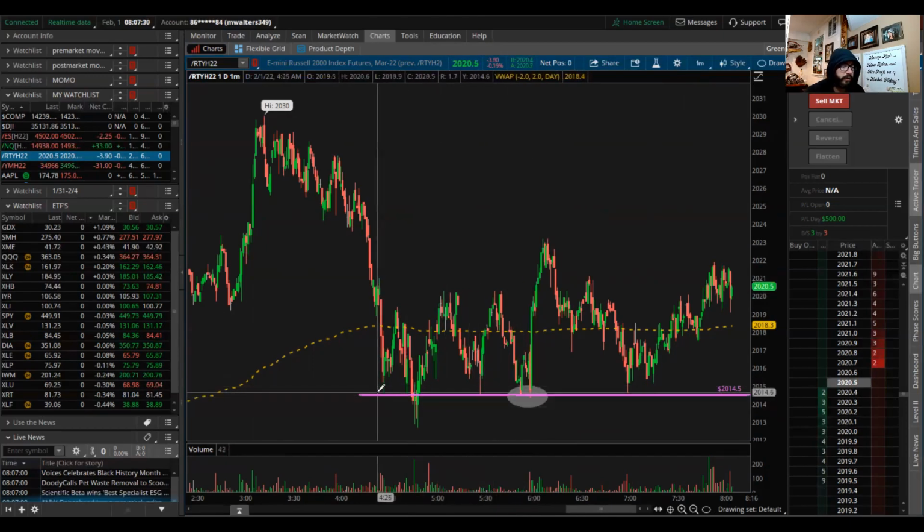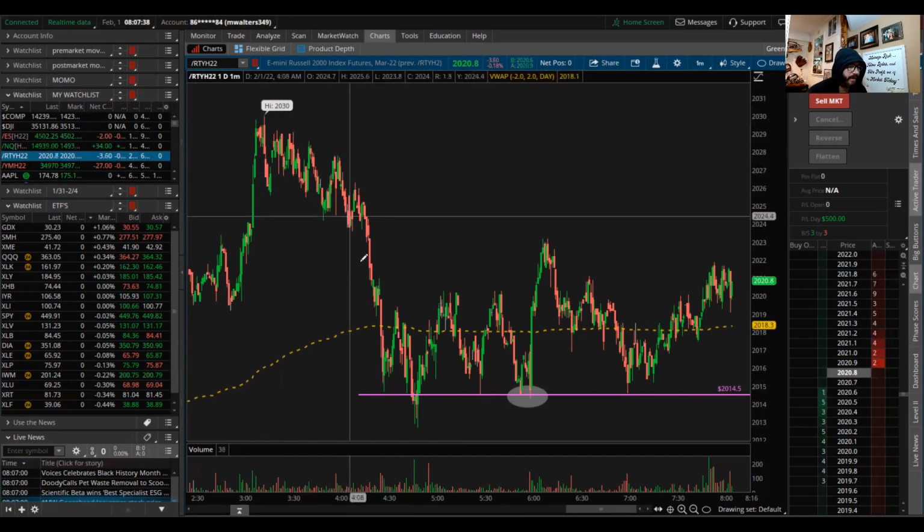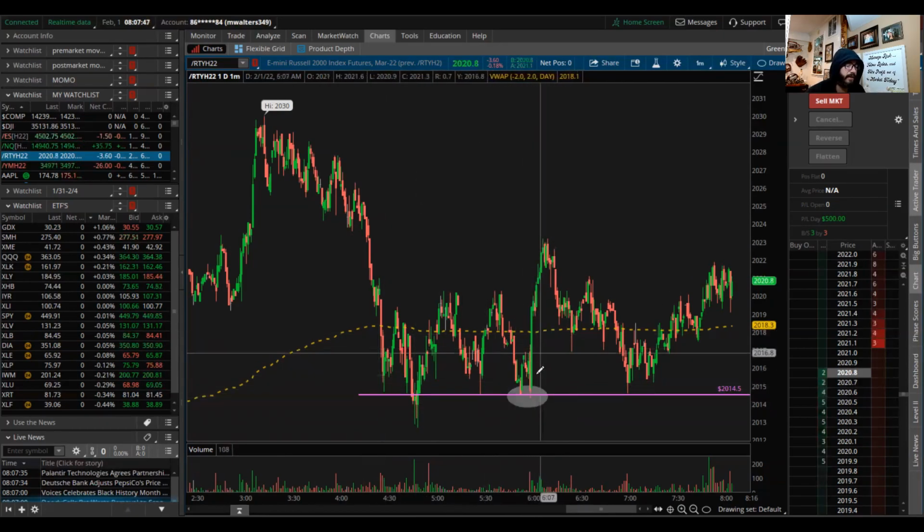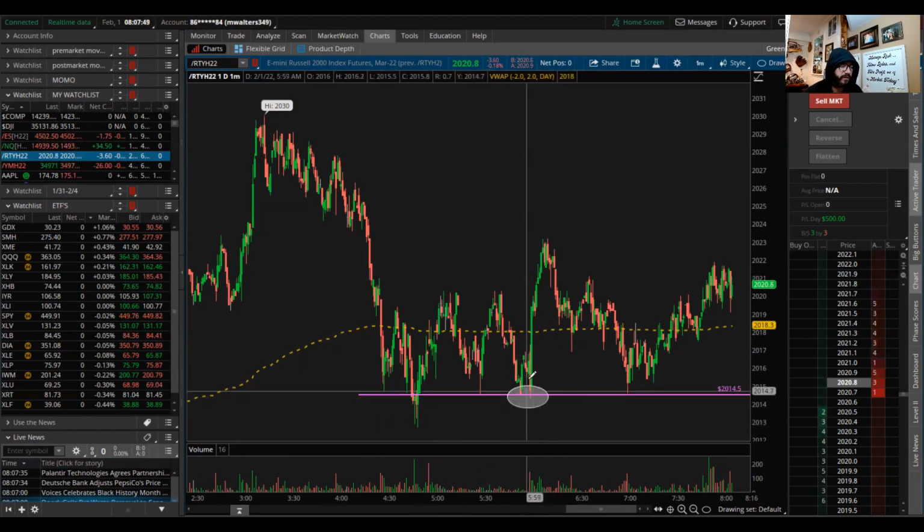I entered at support. So when I say step-by-step instructions here on A+ setups, we're in a bullish market. We came back down to very attractive prices, and we're at support. This is where I start to lean into it with size, because I want to see the big move.